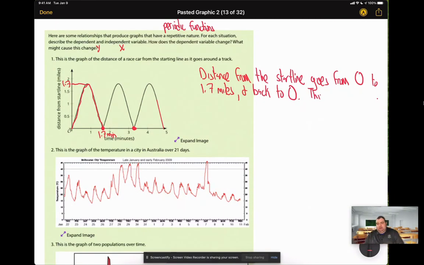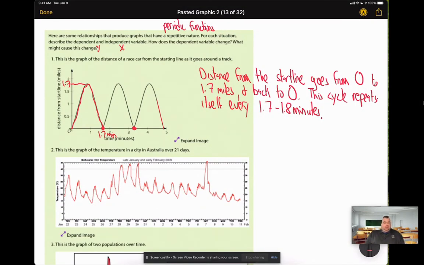Okay, so this cycle repeats itself every 1.7, we'll call it 1.7 to 1.8 minutes.